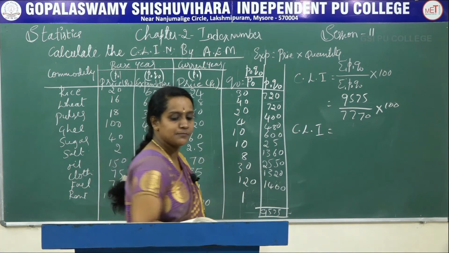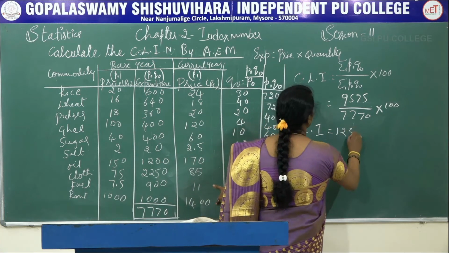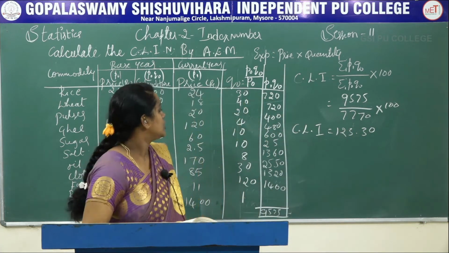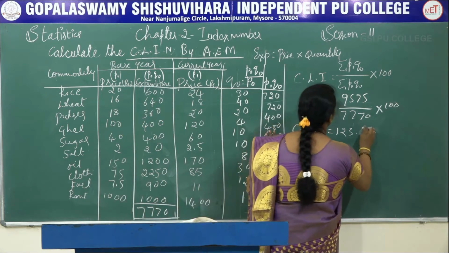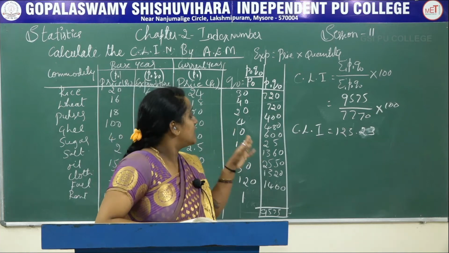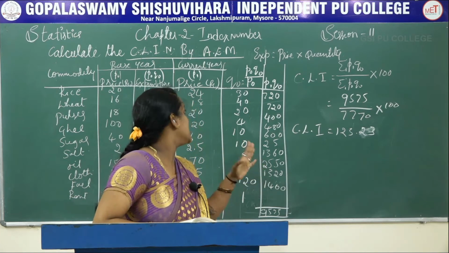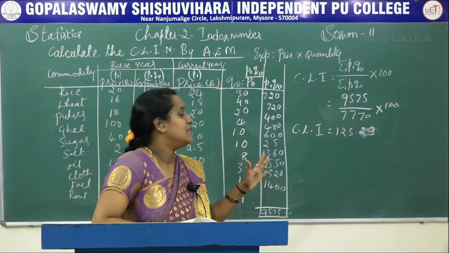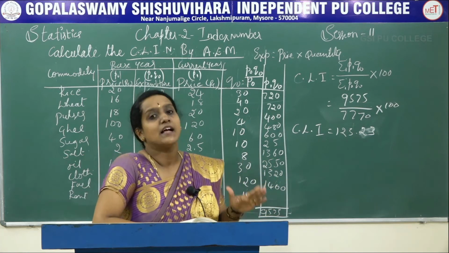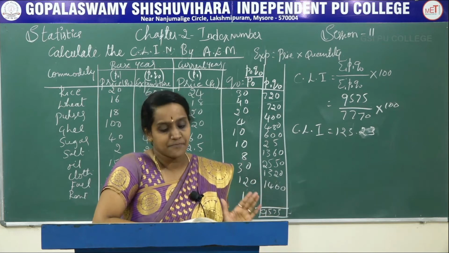The value is 123.23. So here in this problem there is an increase of price in current year, that is 23.23% increase of price compared to the base year.